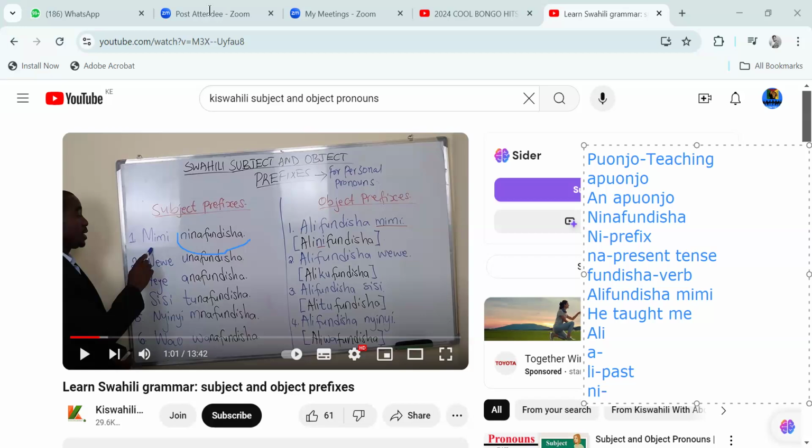Alikufundisha, he taught you. Alitufundisha, he taught us. Isn't that the case, Brother Pigeon? Isn't that the third person? Yes, the third person. He taught us, in the past.